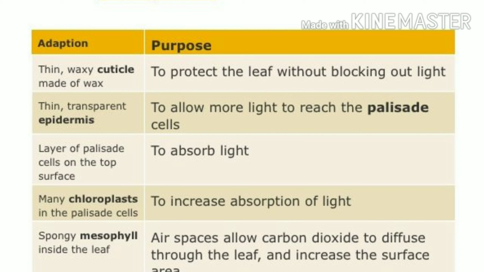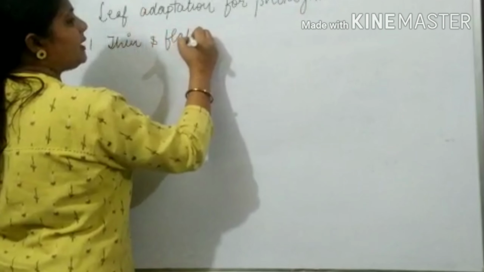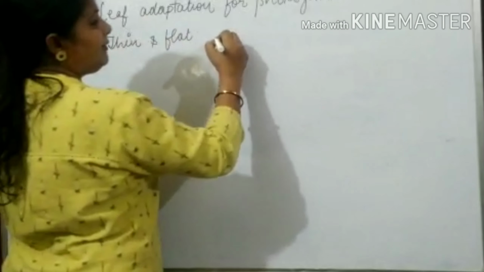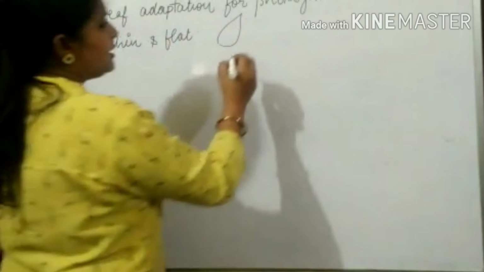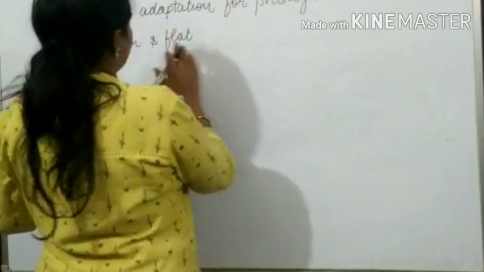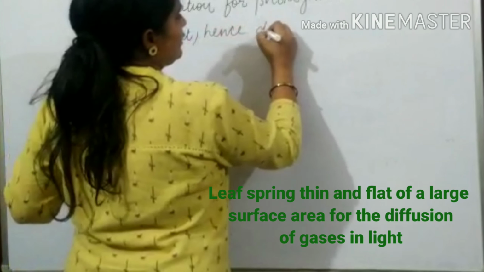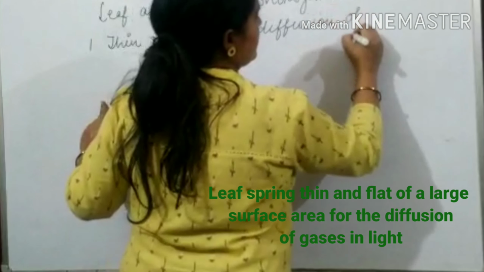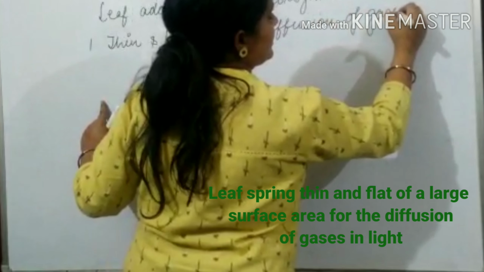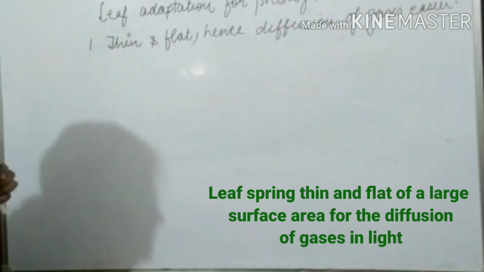Leaves are thin and flat. Now, what is the importance of thin and flat? If it is thin and flat, then diffusion of gases is easier. So we will write: the leaf is thin and flat, hence diffusion of gases is faster, easier. Easily it can trap sunlight.